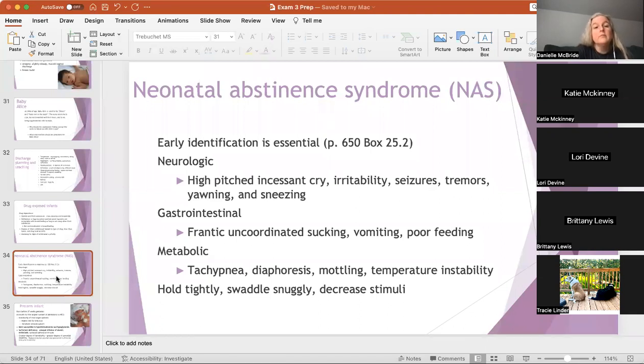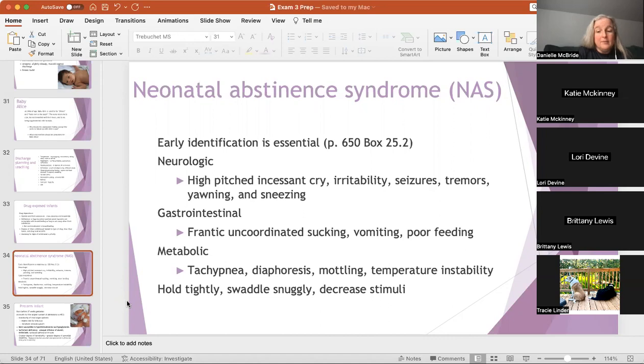They might have seizures, a high-pitched cry, tremors, yawning, excessive sneezing. Lots of yawning and sneezing with these babies. And hypertonia, so tremors and increased muscle tone. High-pitched cry is a big one. They might be diaphoretic.